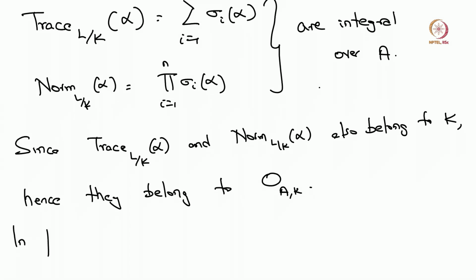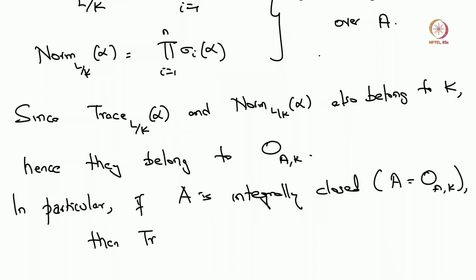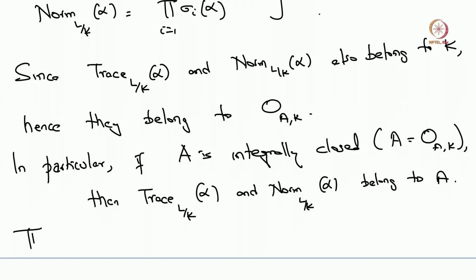And so in particular, if A is integrally closed, which by definition means that A equals OAK, then the trace of alpha from L to K and the norm of alpha from L to K both belong to A. Okay, so that concludes the proof of the corollary.